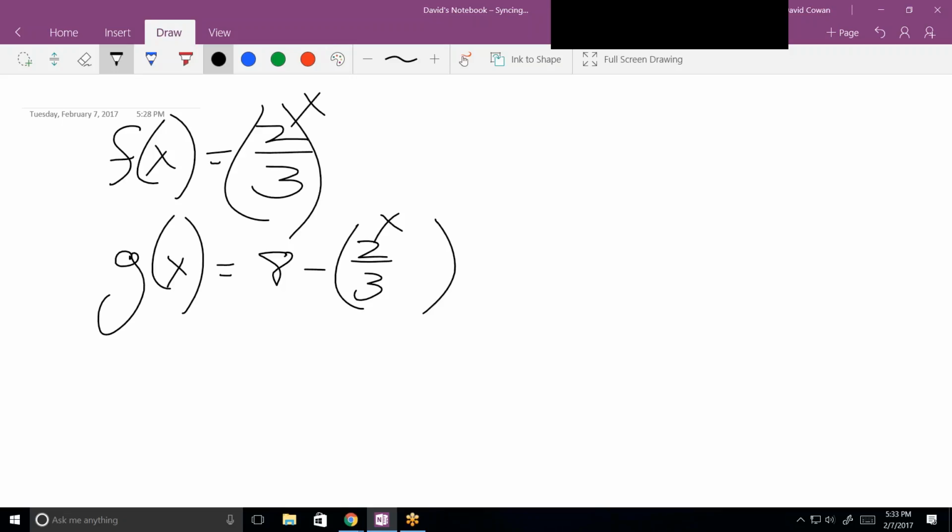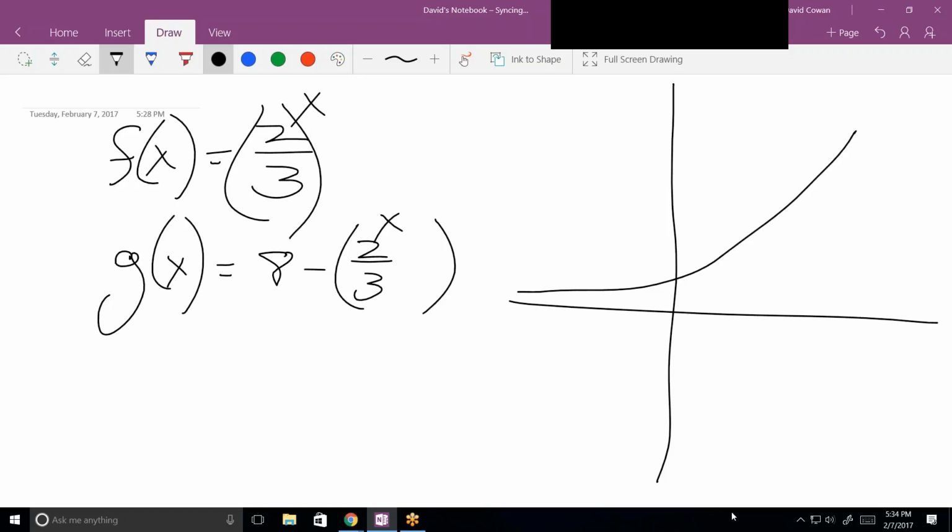So f of x is the parent function, right? Yeah. And when you have a base between 0 and 1, it doesn't look like this, it looks like this, depending on whether the base is greater than 1 or less than 1.